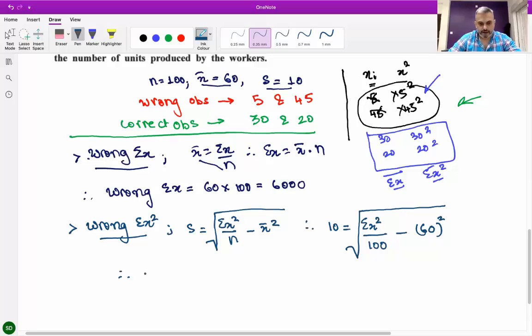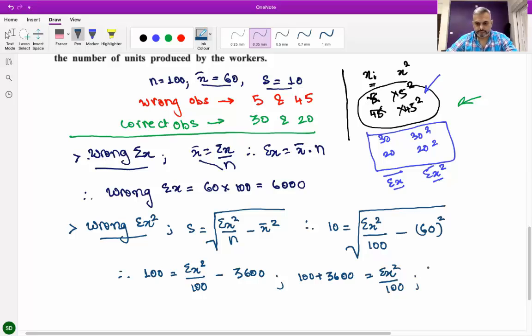So 10 square, which comes to 100, is equal to sigma x square by 100 minus 60 square, which is 3600. Now what happens? This 3600 negative will come on the left hand side, so 3600 will become plus. So 100 plus 3600 is equal to sigma x square upon 100.